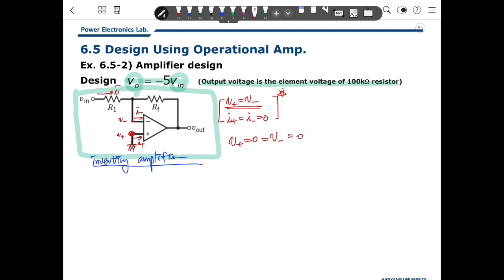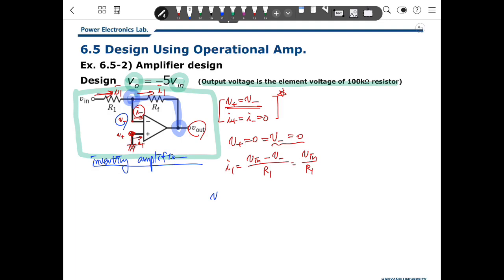So we can calculate this current I1. I1 is V in minus V negative divided by R1, but V negative is 0, so I1 is V in over R1. Because the input current is 0, I1 coming to this node goes out through RF.